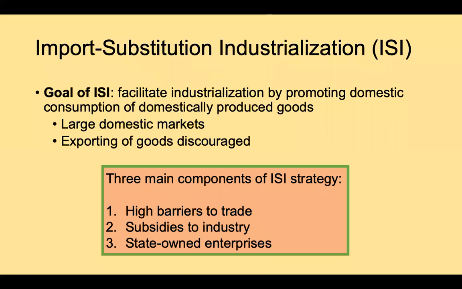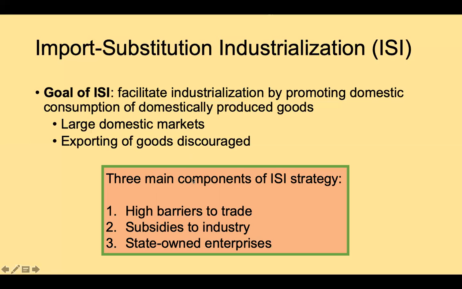First of all, they figured we have these huge domestic markets, really, really large countries that can consume a lot, and we can use these domestic markets to basically drive the consumption of the goods produced by the industries that we need to develop. We also have an opportunity to turn inward and develop domestically the goods that we might eventually export. And so we can discourage exporting goods at the present so as to develop the domestic economy.